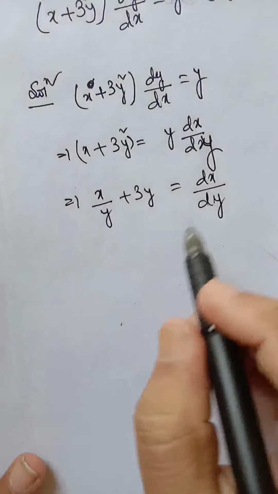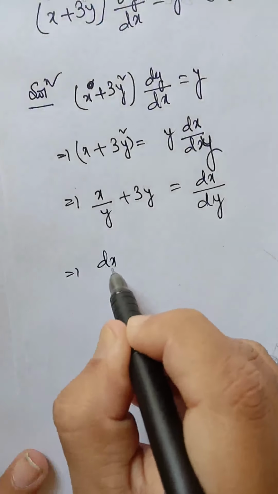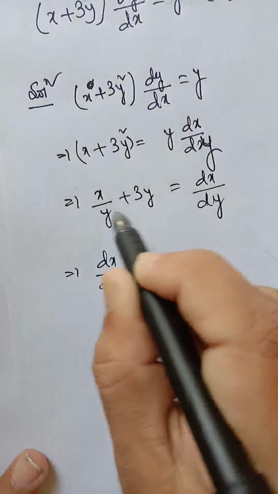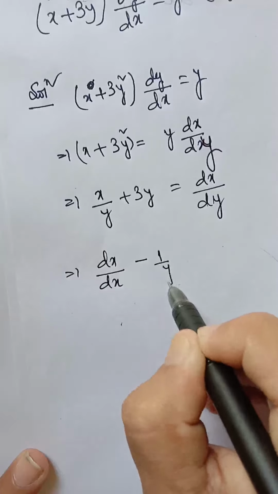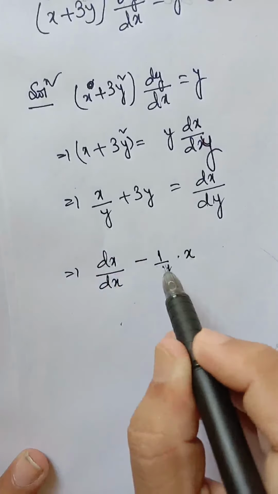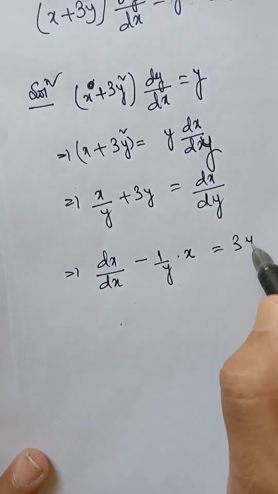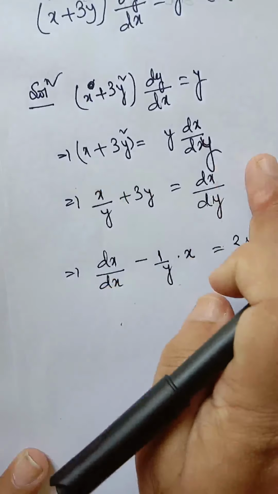And now I will express this in this form, dx by dy minus 1 by y into x, or x by y, is equal to 3y, bringing this term to this side.